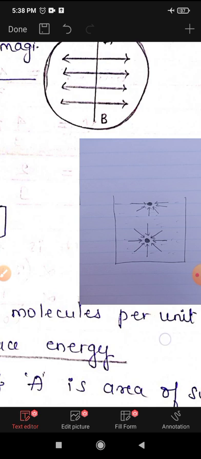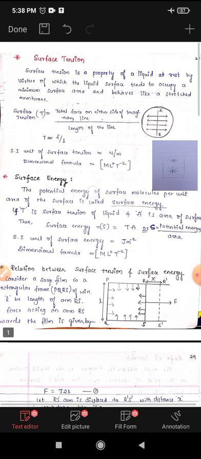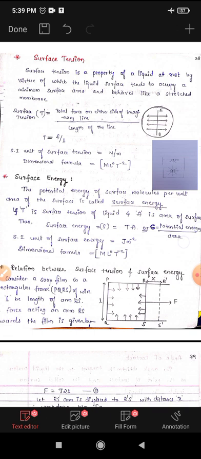That excess potential energy of the surface molecules per unit area of the surface is called surface energy. And the formula for the surface energy is S is equal to potential energy divided by area. We can also write the formula for surface energy in terms of surface tension.